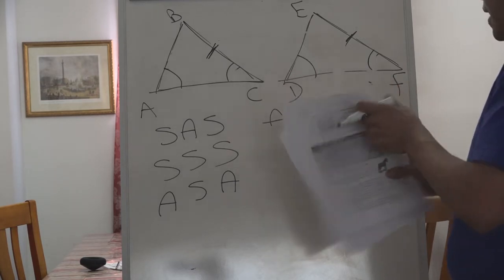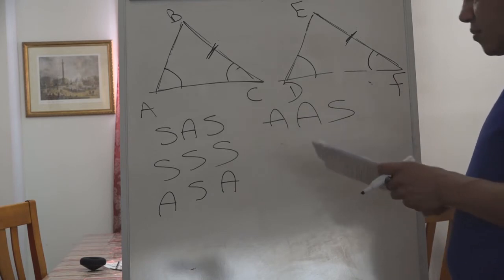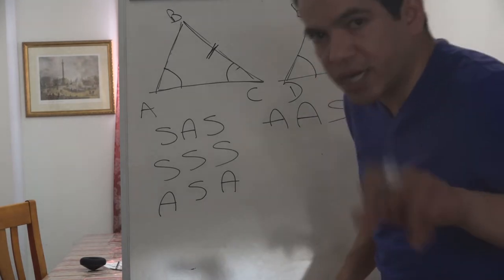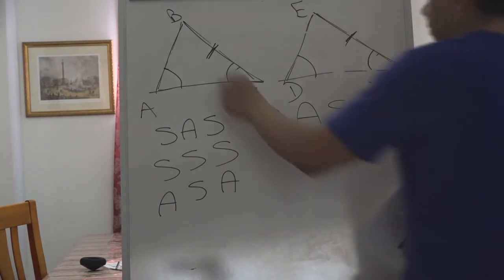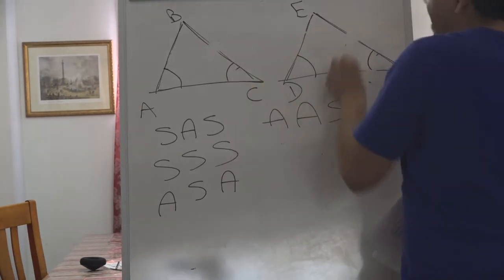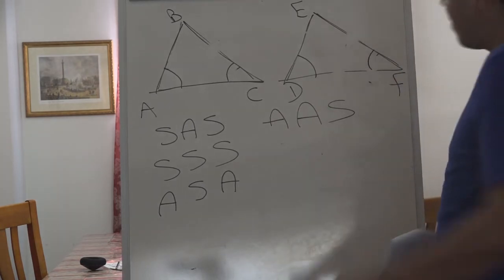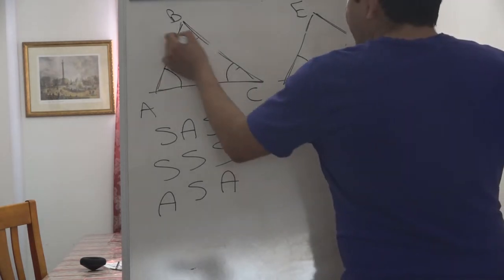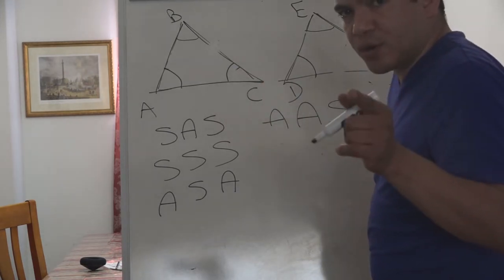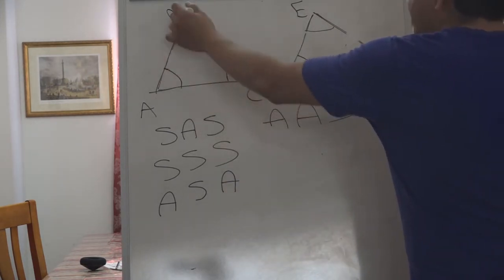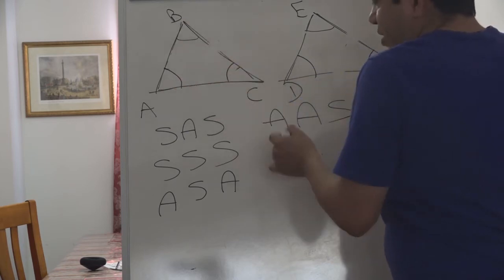Yes. I'm going to show you right now something that you shouldn't use. For example, you cannot prove triangles congruent by angle, angle, angle. Why? They might have the same degree measure, but that doesn't mean that they have to have the same length measure, the same side measure, okay?